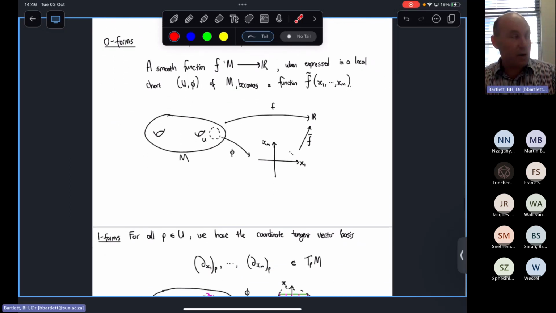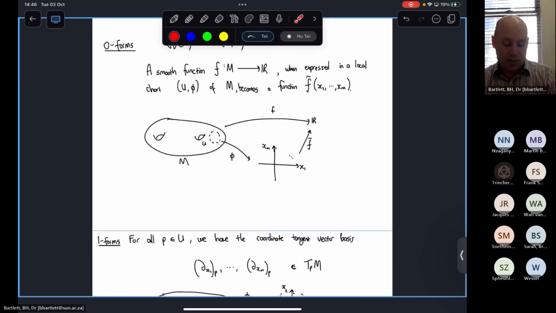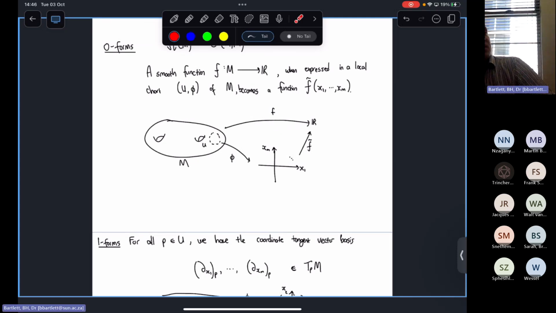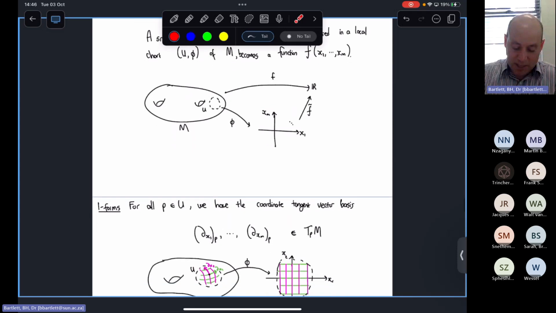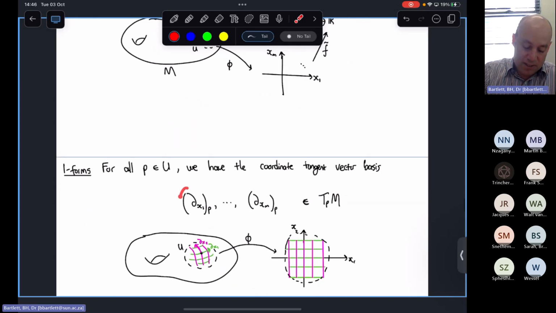Zero forms are easy. What about one forms? Well, one forms are sections of the cotangent bundle. What does such a thing look like locally? So for every P in our chart, we have the coordinate tangent vector basis, that we saw last time, these del x's.